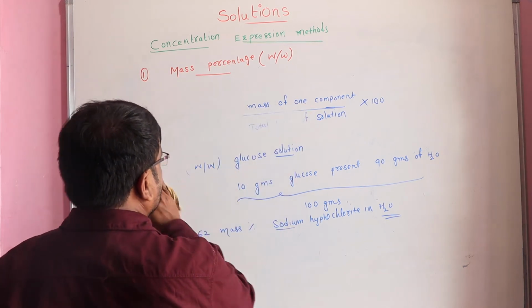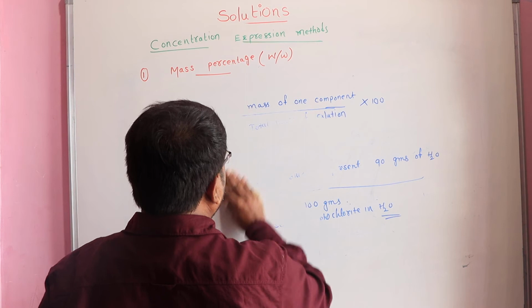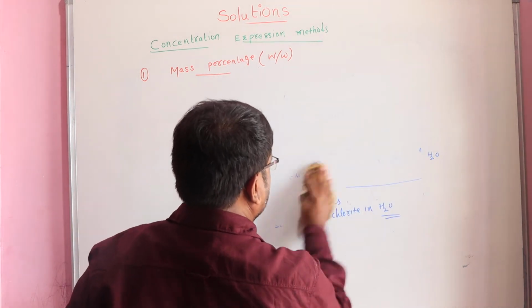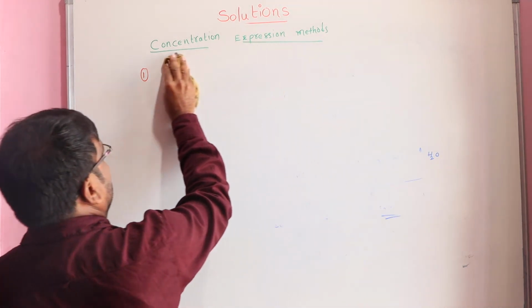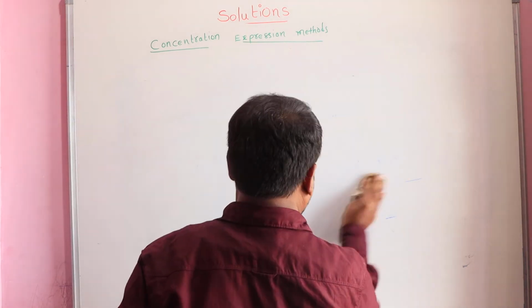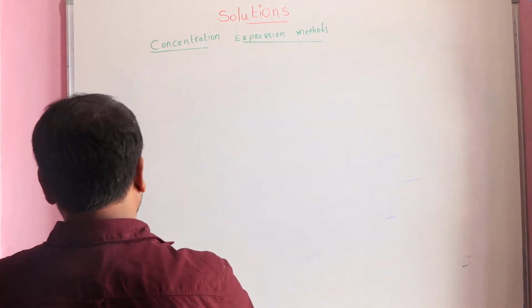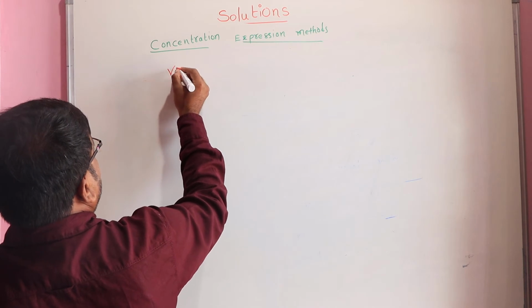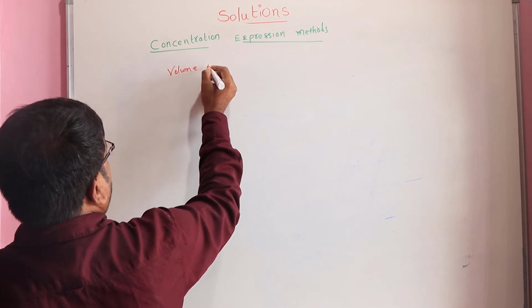Then after mass percentage, another method of expression of concentration is volume percentage. What is the definition of volume percentage?